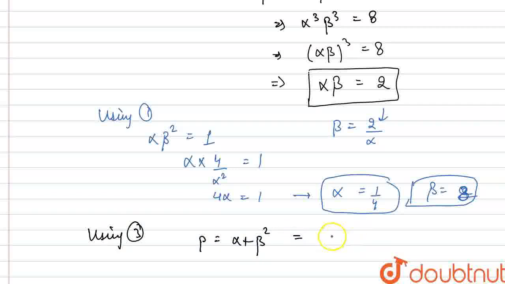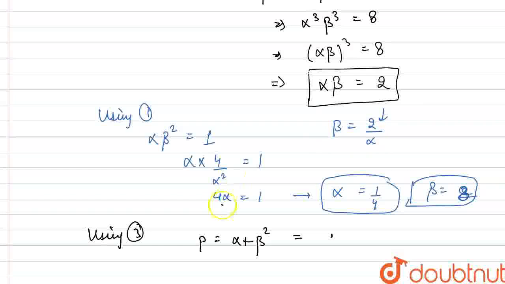Now putting the values here. We were having alpha into beta square equals 1, so from here we obtain beta equals 2 by alpha.